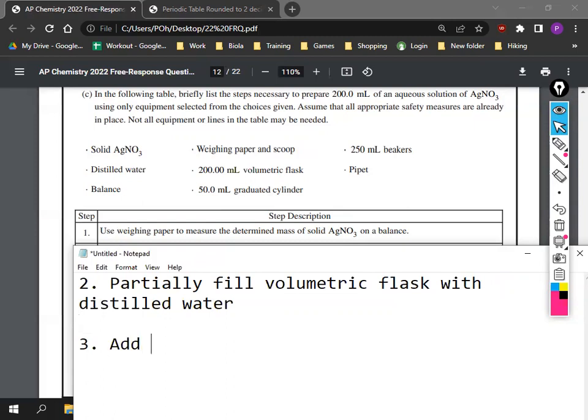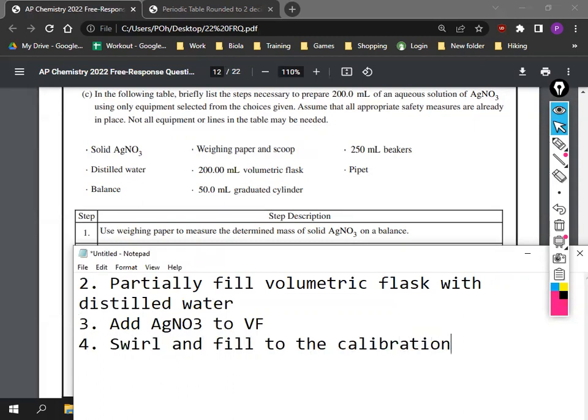Then you're going to add your AgNO3 to the volumetric flask. You're gonna swirl and fill to the calibration line. And then last step, we're just gonna mix. That's it.